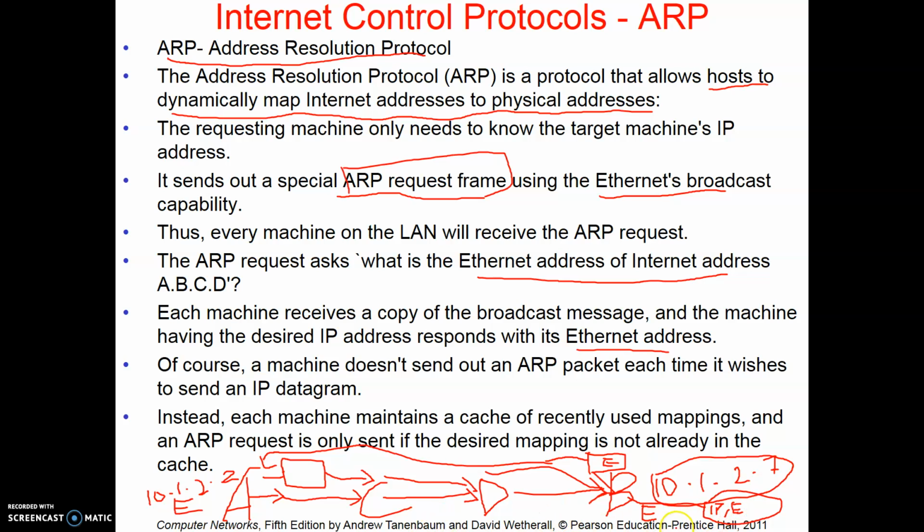In this case, B will also store the IP address and Ethernet address of A. And when the reply reaches back to A, A will also store the Ethernet or MAC address of B.